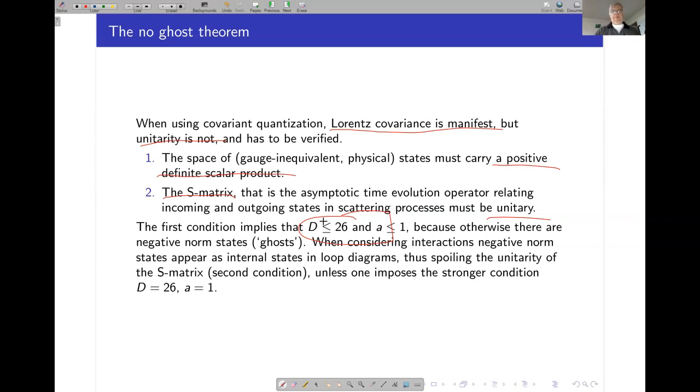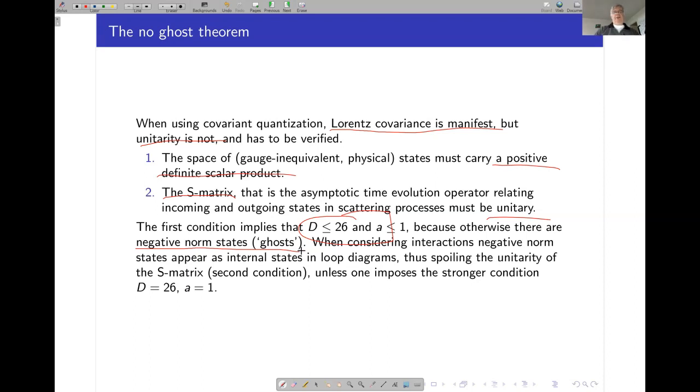Because if these inequalities are violated, you can explicitly construct some negative norm states which are physical and which are called ghosts. They're different from the so-called Faddeev-Popov ghosts. Faddeev-Popov ghosts are useful, but negative norm ghosts are bad, so to speak, because they destroy the consistency of our theory, since we don't have the standard quantum mechanical setup.